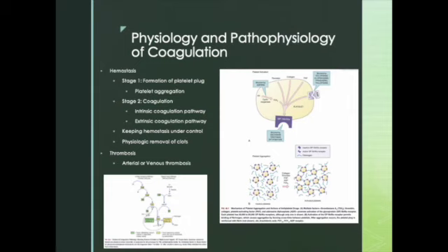Platelet aggregation is initiated when the platelets come in contact with collagen, and this happens at the damaged blood vessel when it's exposed to the surface. And in response to the contact with collagen, the platelets are going to adhere to that site of the blood vessel. This is called adhesion. Platelet adhesion initiates platelet activation, which then leads to massive platelet aggregation.